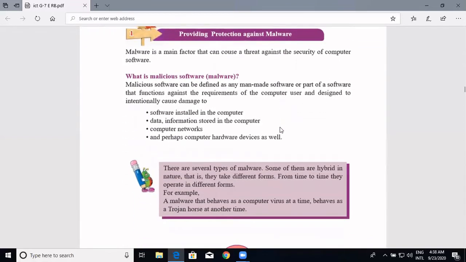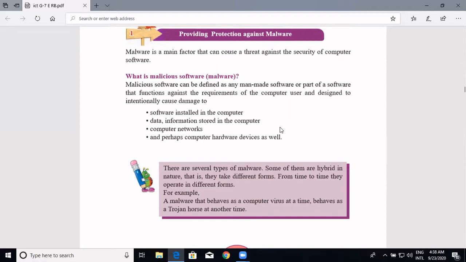Okay, so first thing is about protecting against malware, right? Malware can be a great threat for your computer. So what is malware? It's malicious software, right? That is mainly man-made software, or can be a part of software, which is functioning against the requirement of the user and the computer and causing a lot of damage to your computer.